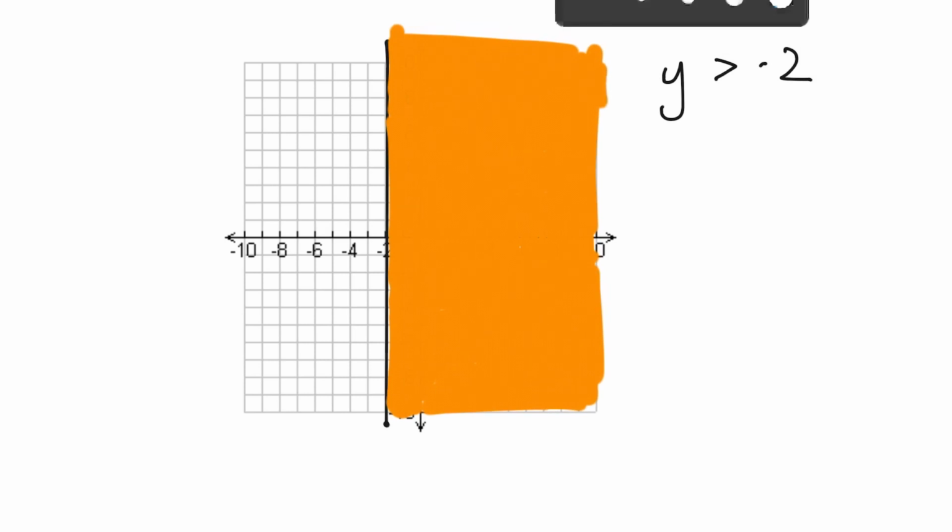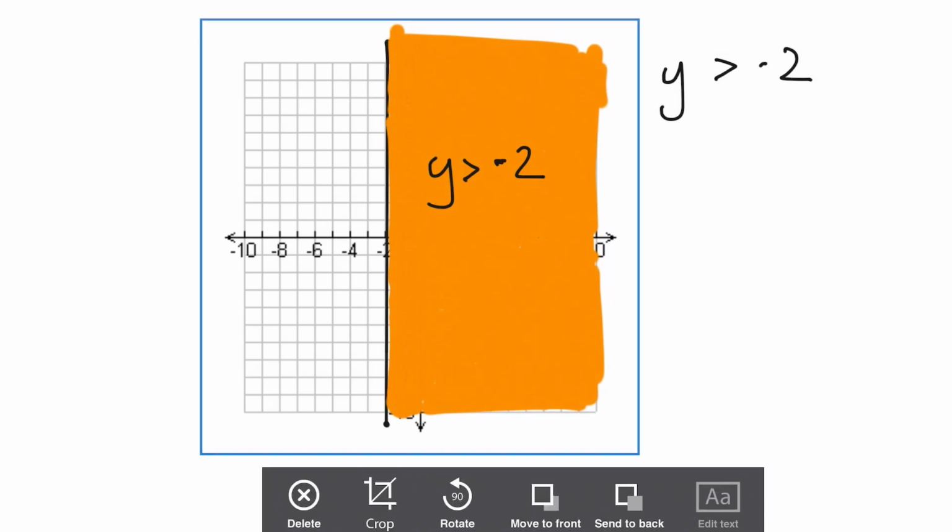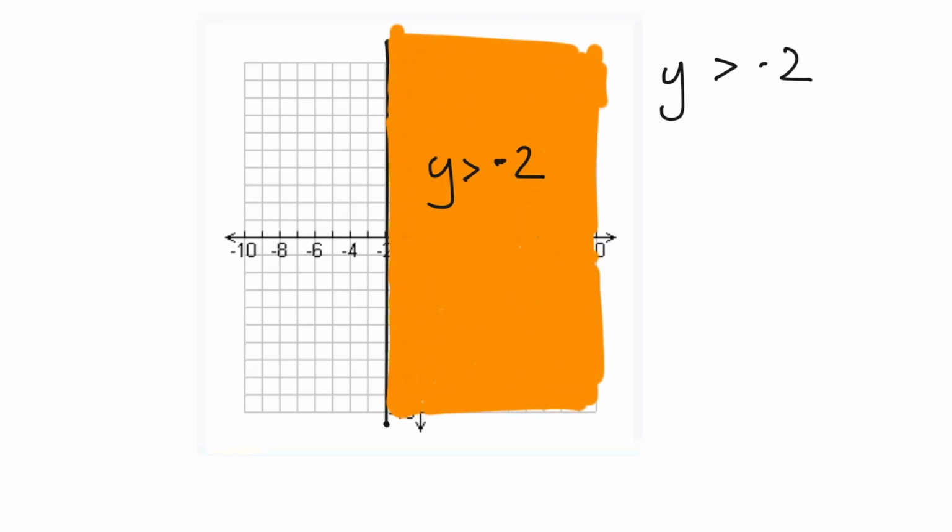Okay, so what I have here would be y is greater than -2, the portion that I have in yellow, and what we want to do is change it so that the solid line is actually dotted. So that would be y is greater than -2.